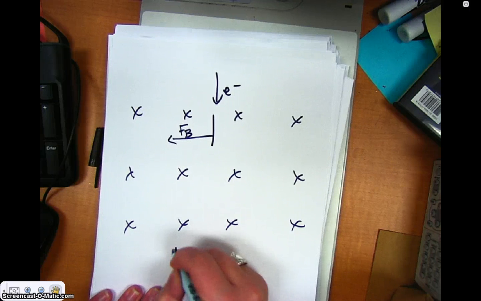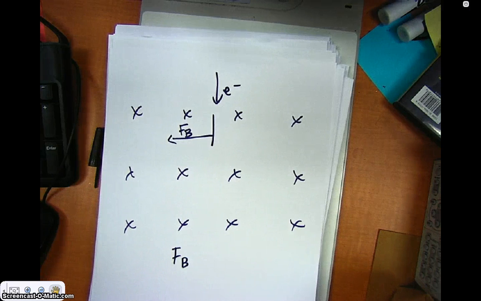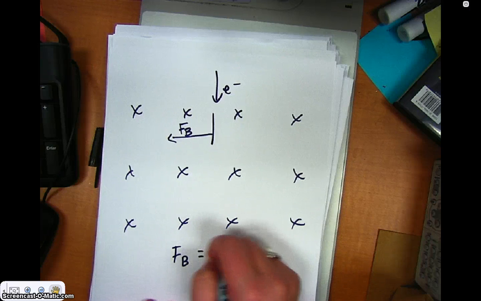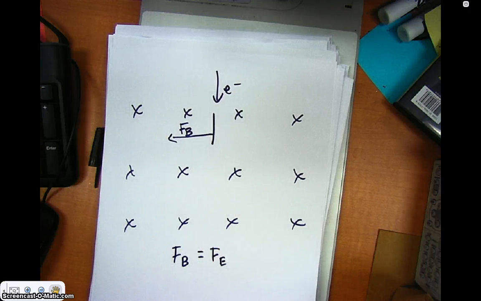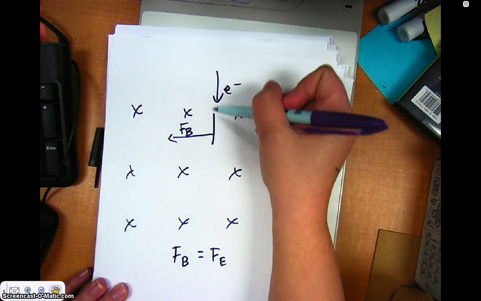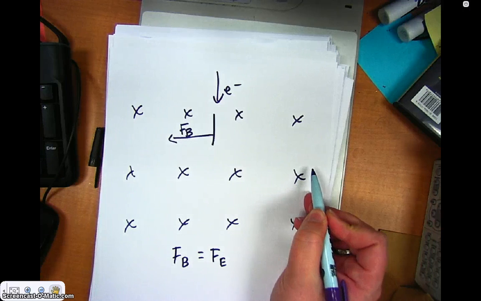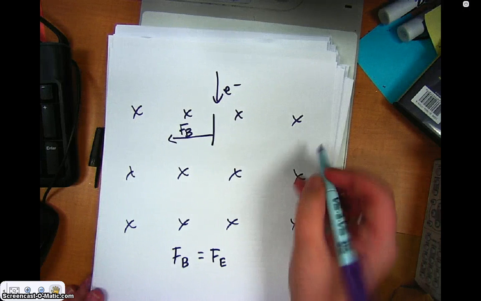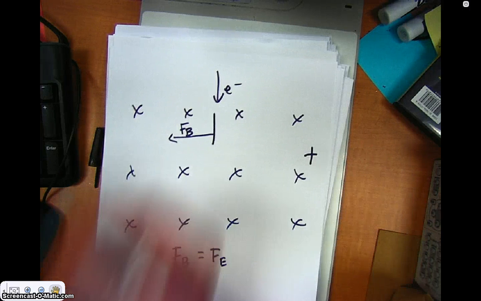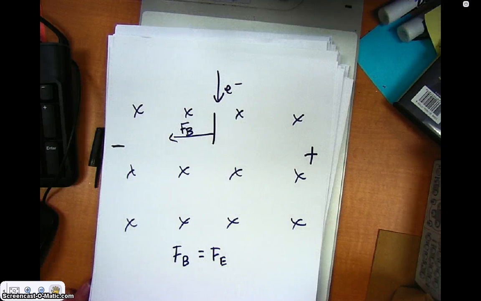So what we want is for our magnetic force to be equal to our electric force. If this charge flies in here, I want it to be attracted to this side. So I'm going to set up an electric field where I have a positive side over here and a negative side over here.